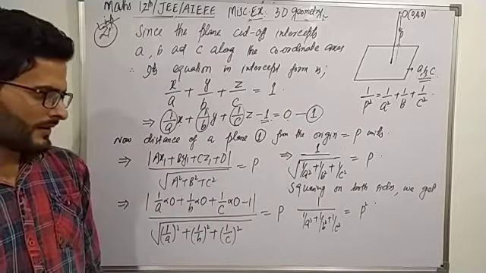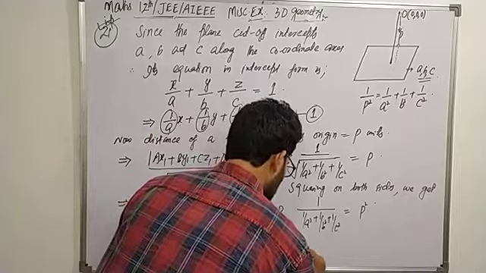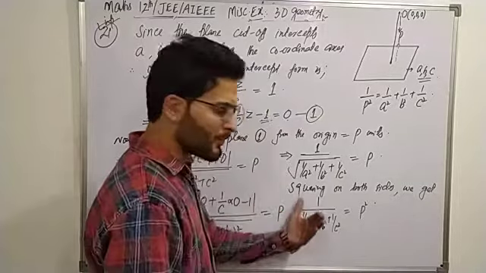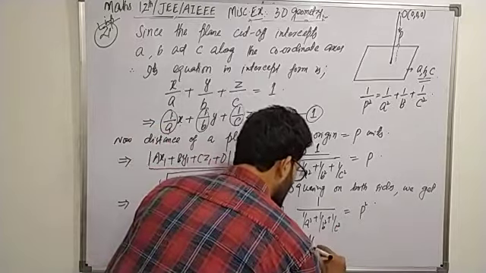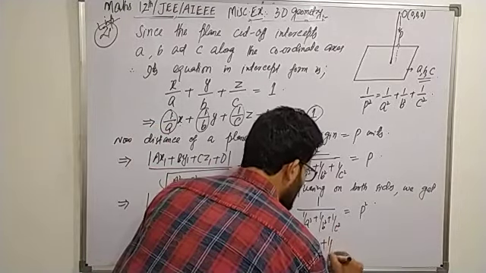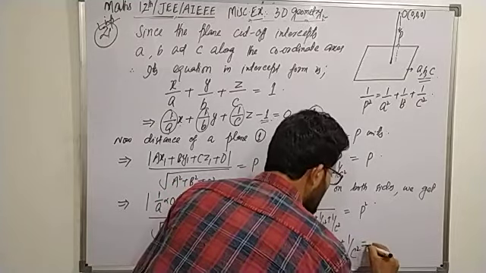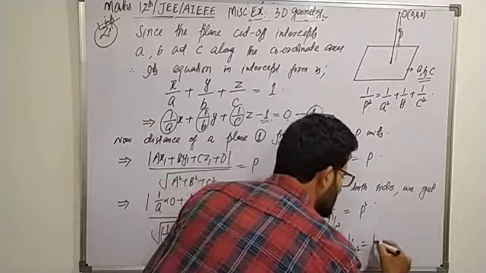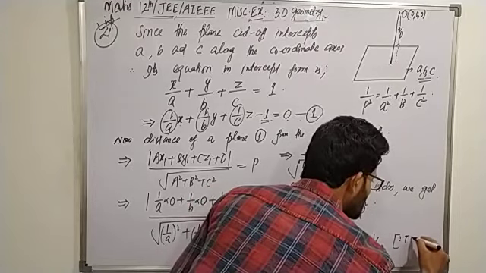Is that clear? Now taking reciprocal on both sides, जब हम दोनों साइड reciprocal करेंगे, so 1 divided by this thing will become 1 divided by a square plus 1 divided by b square plus 1 divided by c square must be equal to 1 divided by p square.